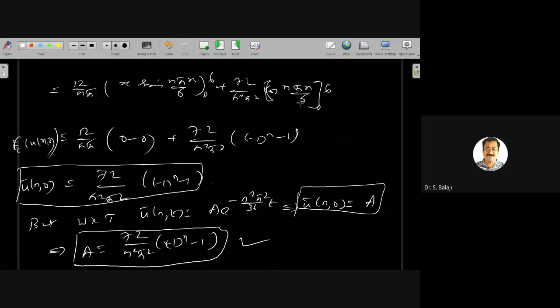Here cos(nπx/6), sin(nπx/6). 6 cancel, sin nπ is 0, sin 0 is also 0, and cos nπ is (-1)^n, cos 0 is 1. You can get 72/(n²π²).